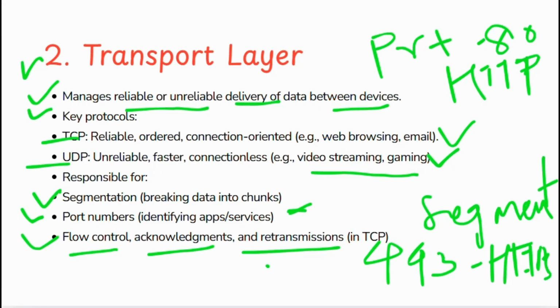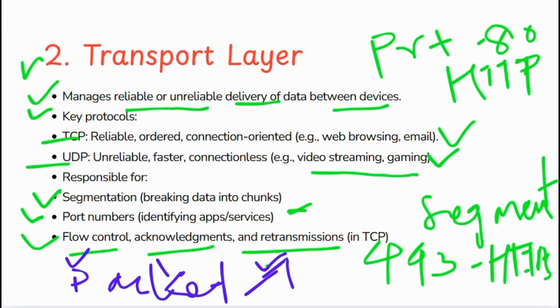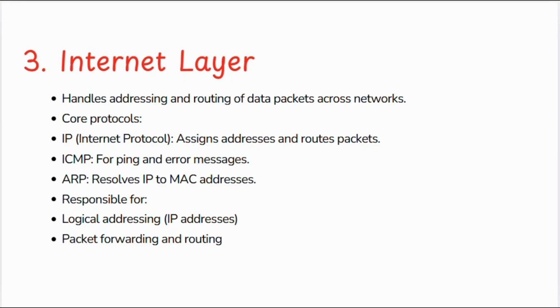And it also does flow control, acknowledgements and retransmission. TCP gives reliable delivery of data, so if a packet is lost, it will retransmit that packet.